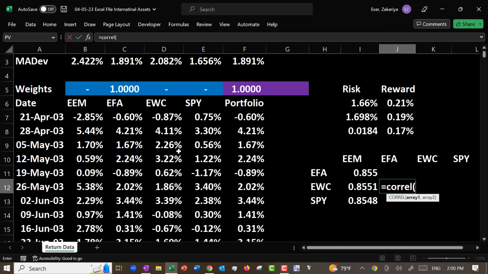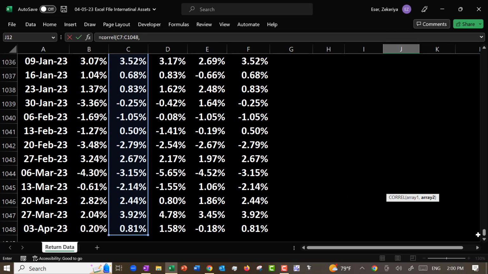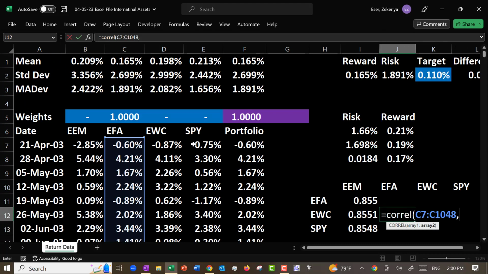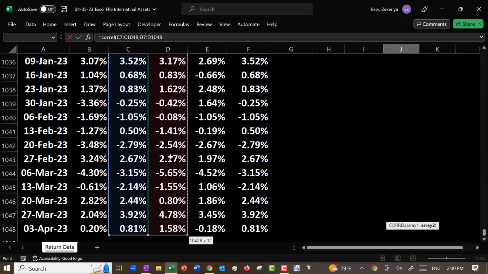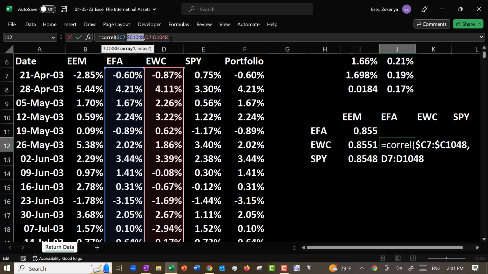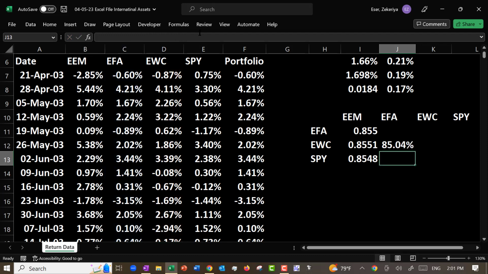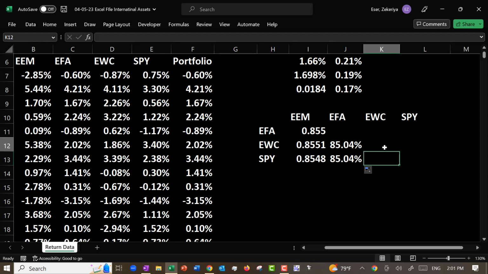Correlation of the EFA with the other two. And finally, correlation of Canada and SPY.